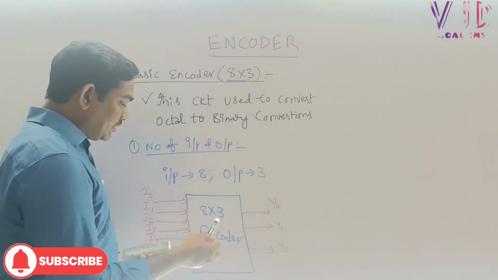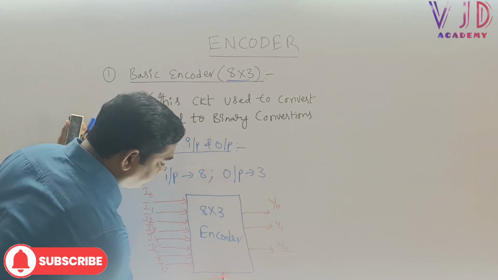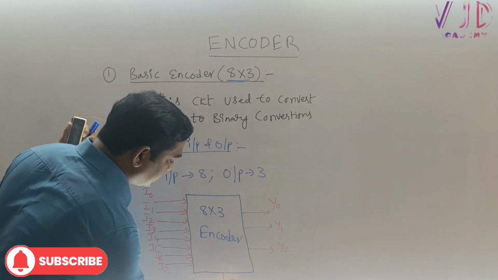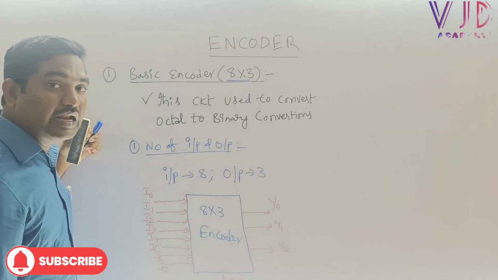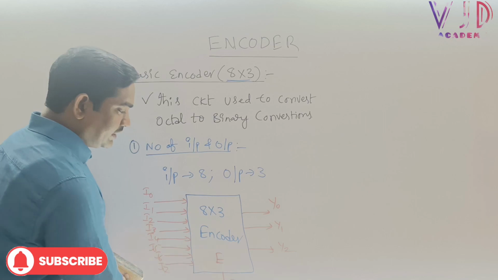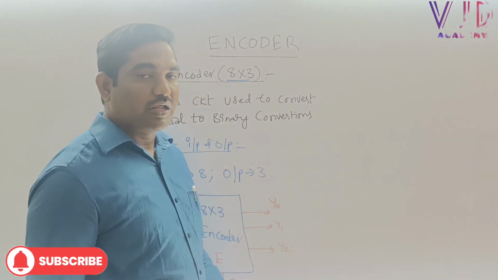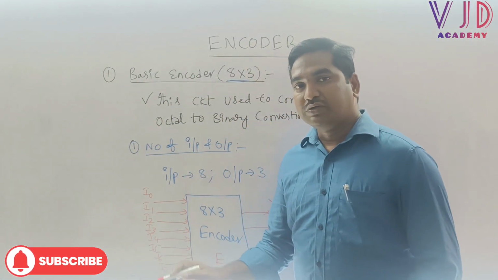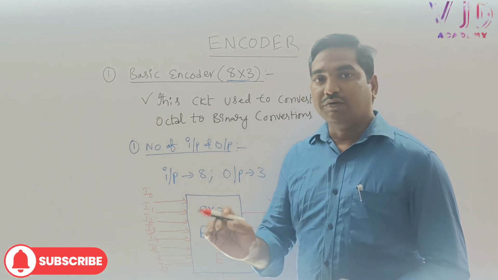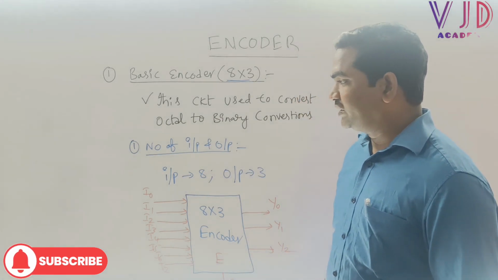But coming to encoder and decoder, here the important thing is, sir, here instead of select line there is another input called enable. Say along with me, enable. Enable pin is there. E for enable. Here enable is 0, which means input will not able to transfer from input ports to output ports. When enable pin is 1, then only the input data will be transferring to output data. That is the importance of the circuit.